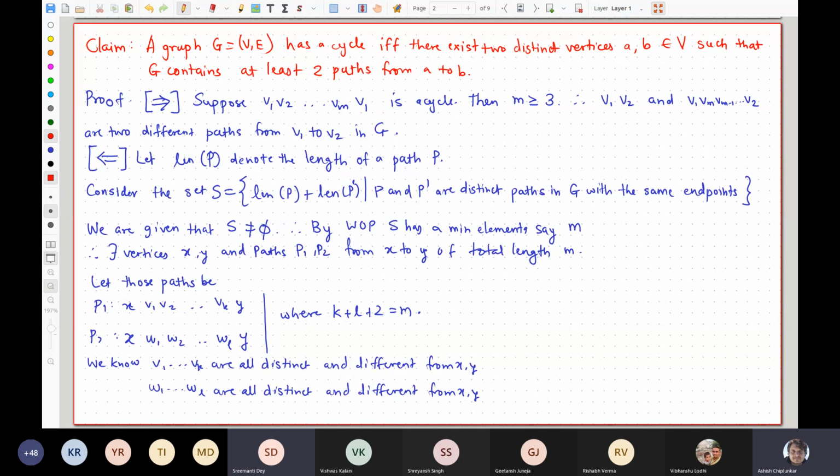The case that the previous day you said couldn't be resolved. We are going to resolve it now, and then if you have a question, you can ask. Sir, I'm saying if we want to resolve it, then can we say that in the set S, we include a condition that P and P dash are distinct paths in G with the same endpoints, and the second vertex in those paths are different?